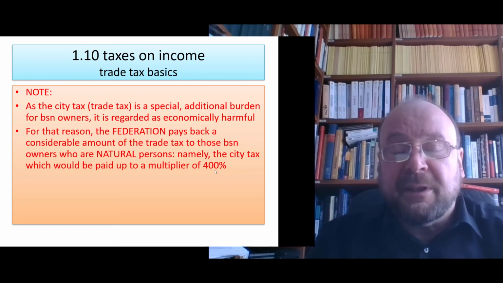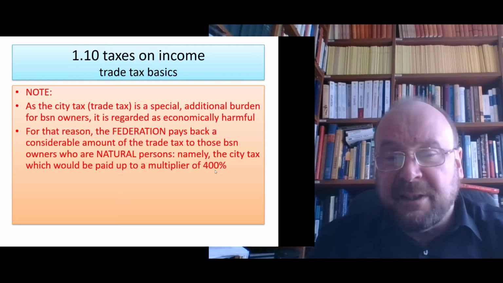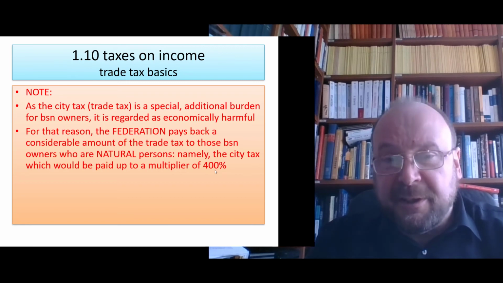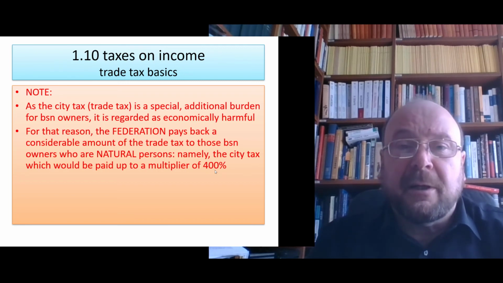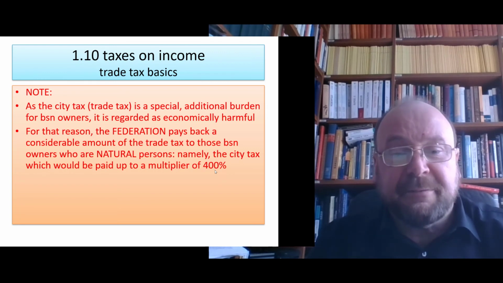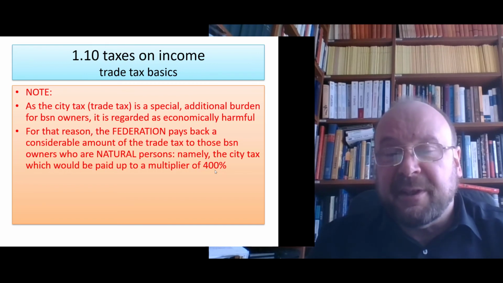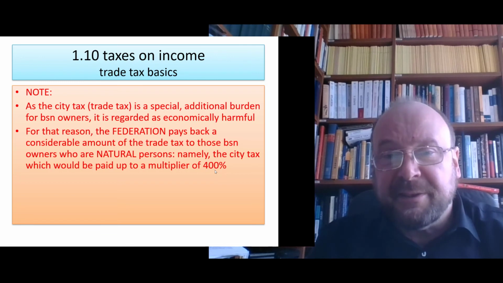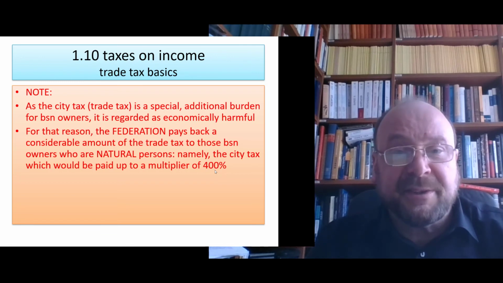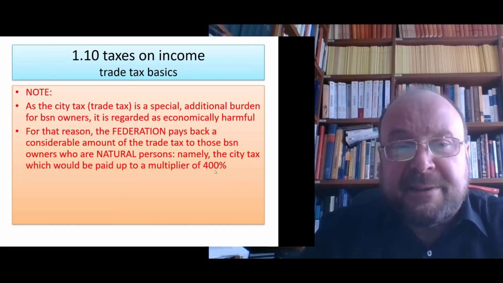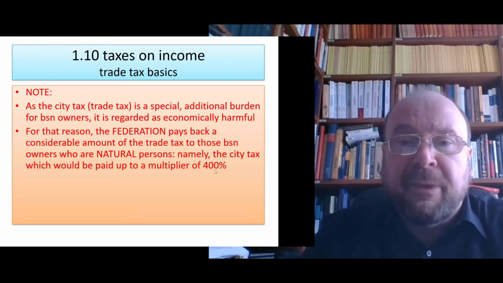Well, but if you have that in mind, you see that up to a rate of 400%, the natural persons will probably not care about the trade tax effects. If everything works in a fine way, then what they pay as trade tax can be credited and lowers their income tax burden. So for them, it is no effective tax burden.